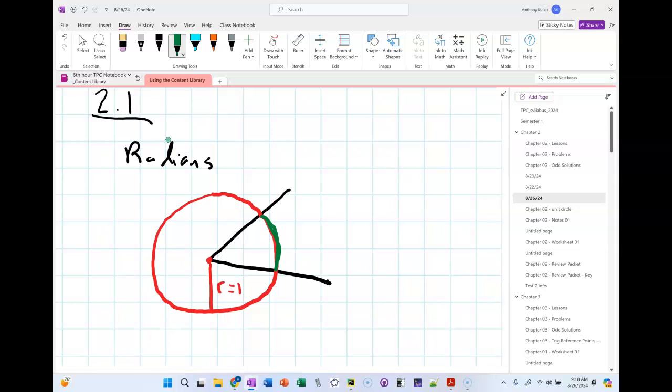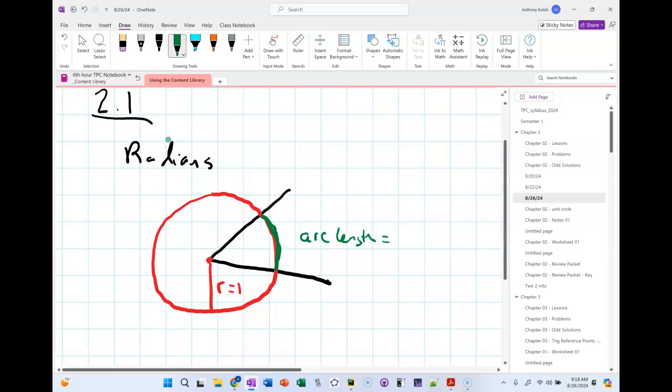This portion of our circumference, this arc length, is going to equal the radian measure for the angle.